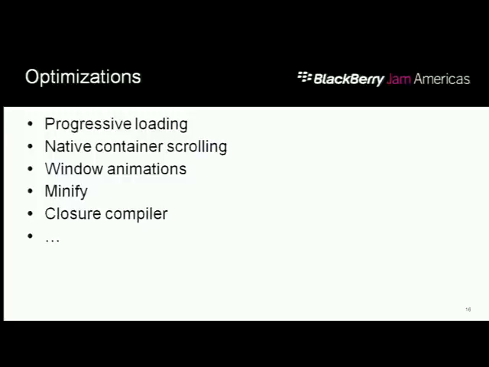Another one was native container scrolling. This is something that has always been a pain point since the touch web became popular. That is, how do you take a container that is not the whole web page, either something like an overflow scrolling div or an iframe, and make it scroll natively? We've always had native scrolling since BlackBerry 7, but it didn't always have exactly the native scrolling physics if you did a flick scroll.